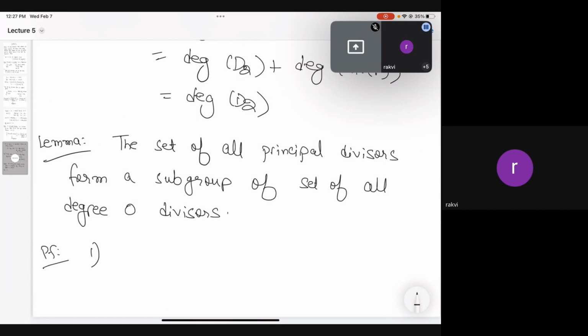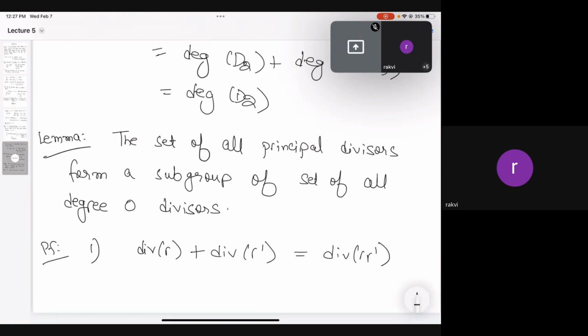So closure would essentially follow from saying that if you take two rational functions, let's say r and r prime, and you add their divisors, this is basically the divisor of r times r prime. So multiplying two functions would add the multiplicities of their poles and zeros, and this is again a principal divisor. So that's why. And then it contains the identity, it contains zero.